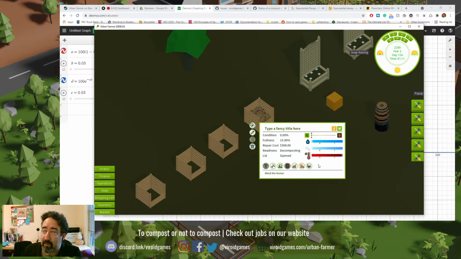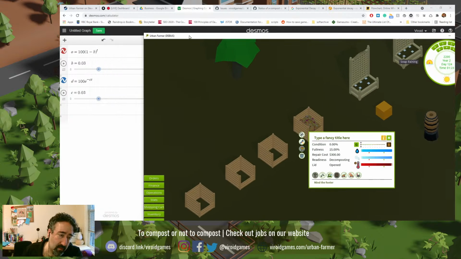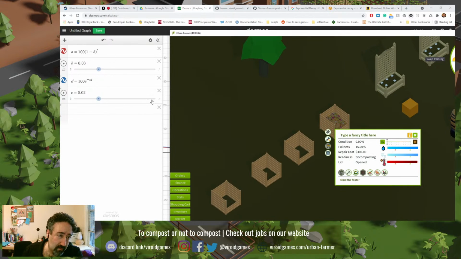But should its oxygen needs be higher when it's a bigger pile? Because as it is, this function has no room for taking into account how big the pile is. It is always just decaying, no matter how big the pile is. We'll think about that.